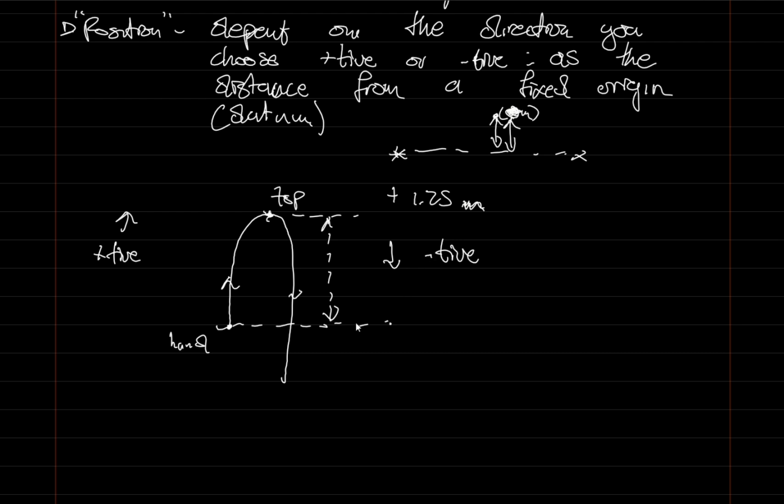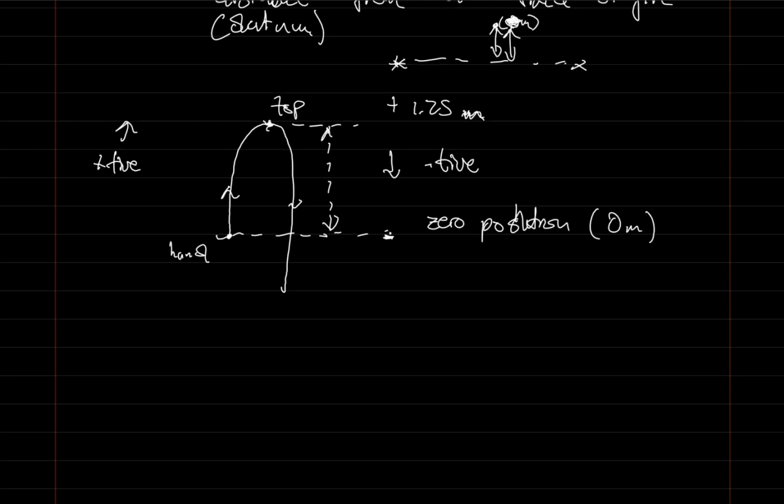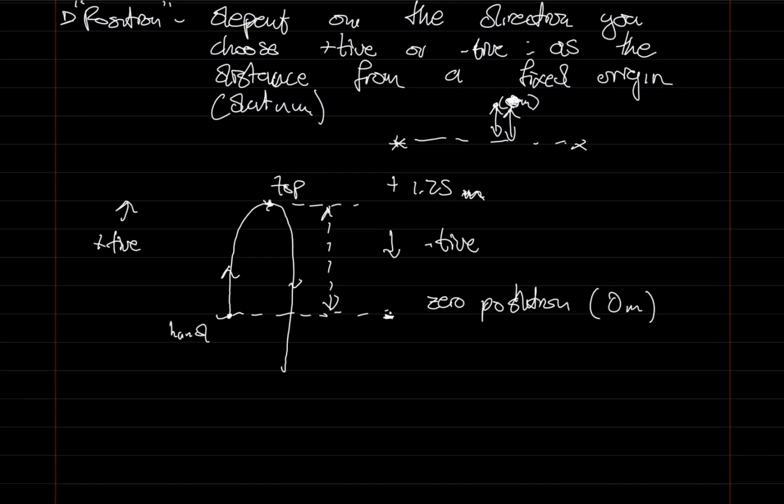And then at the bottom, what would the ball's position be? It would be 0 meters. So that's an easy, nice example of how to tell the difference between position and distance.